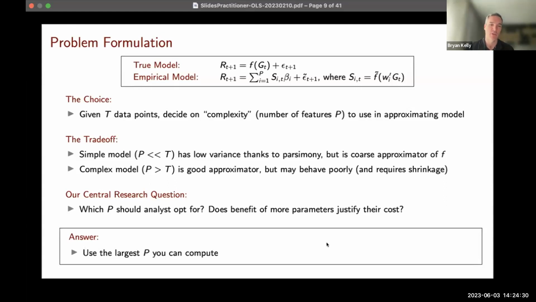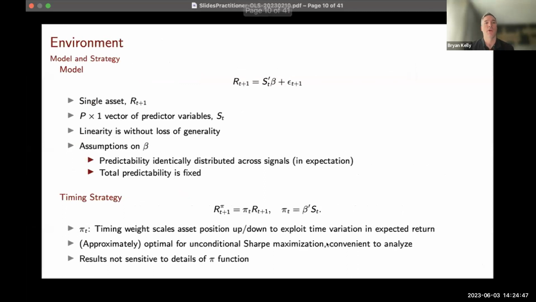And the answer is absolutely. The Sharpe ratio of a portfolio based on a large prediction model is going to be ever increasing in the number of parameters. It'll start to eventually flatten out, but it's never decreasing in the number of parameters.